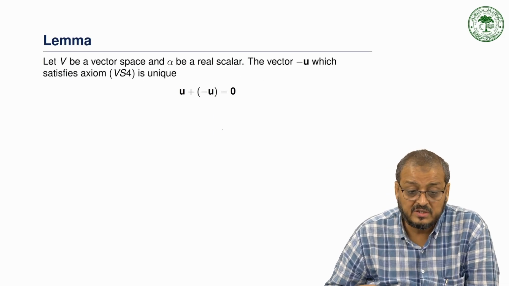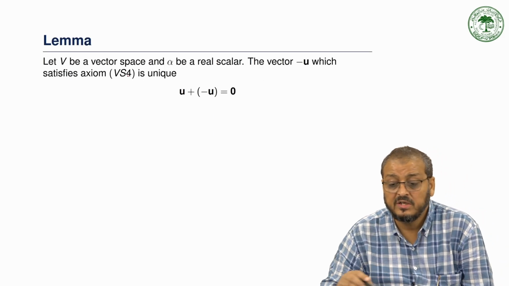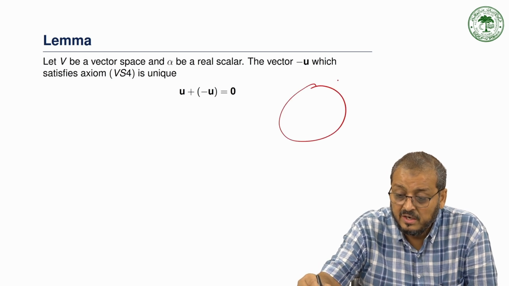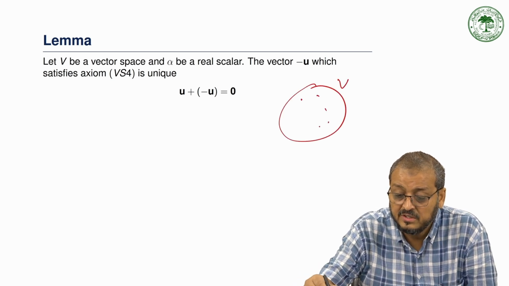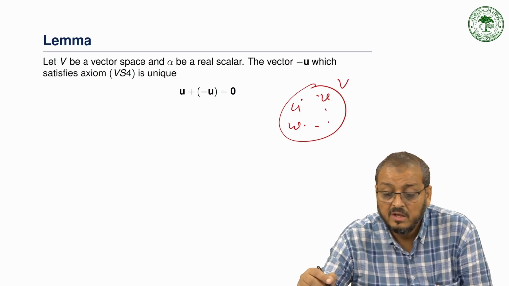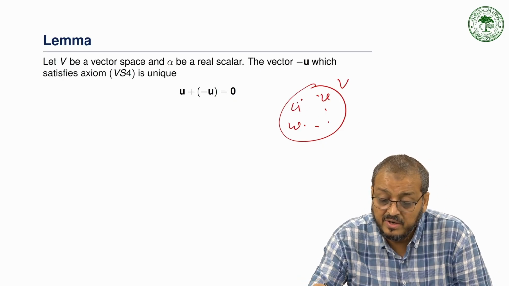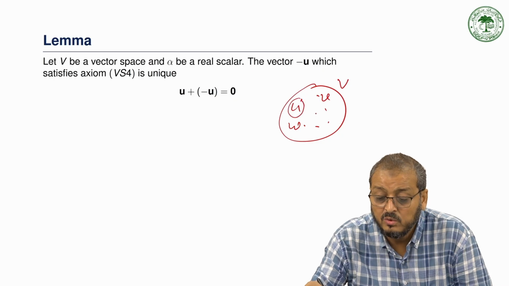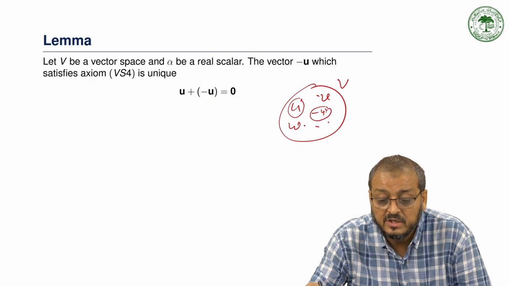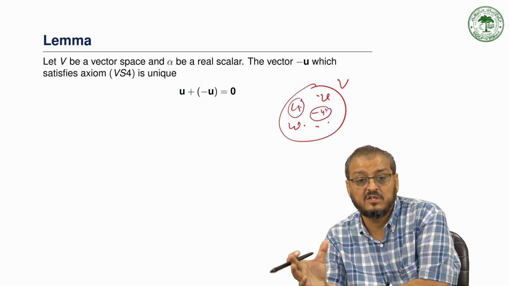Now, axiom 4 is the additive inverse. In this vector space V, suppose U, V, W are elements. Then the inverse of the element U is minus U only, and there is no other element that is the inverse.